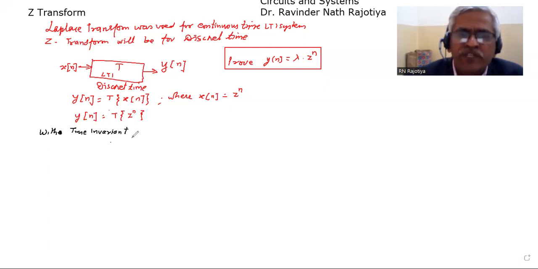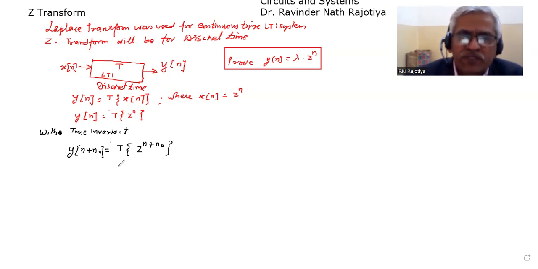What is the meaning of time invariant? If you shift the excitation by some time, here time is also discrete, so if you have the signal z power of n plus n0, shifted by some units n0, then since it is time invariant, your output will also be shifted the same way. So you have output y of n plus n0.